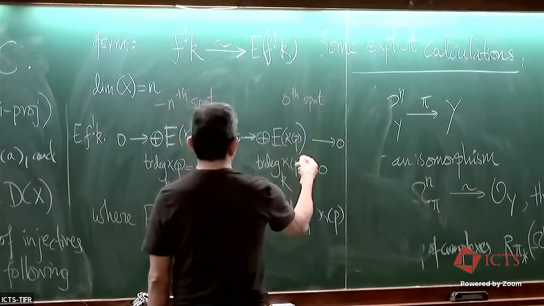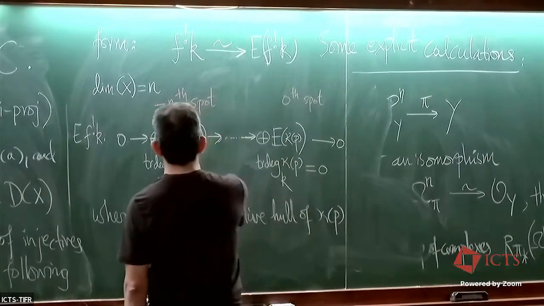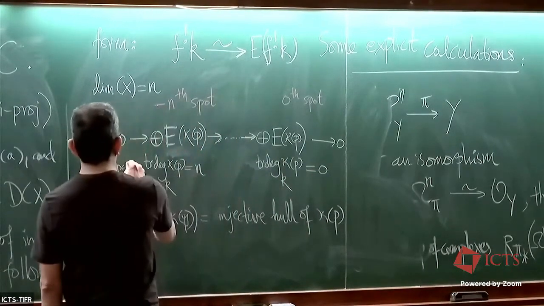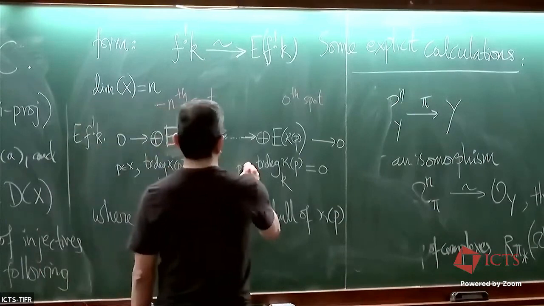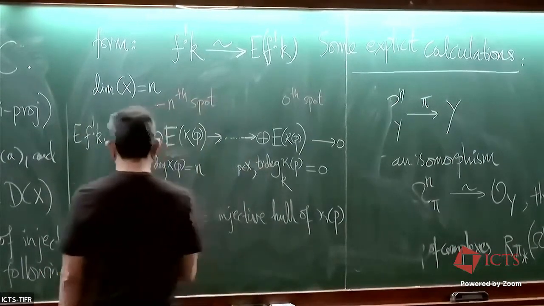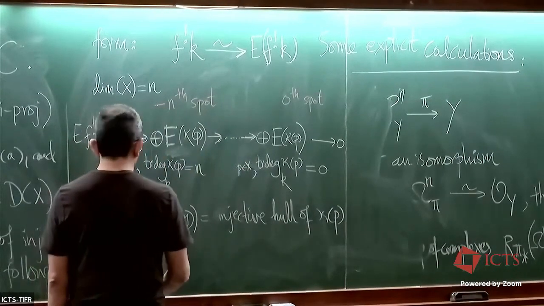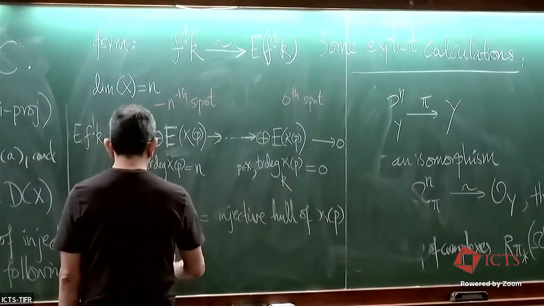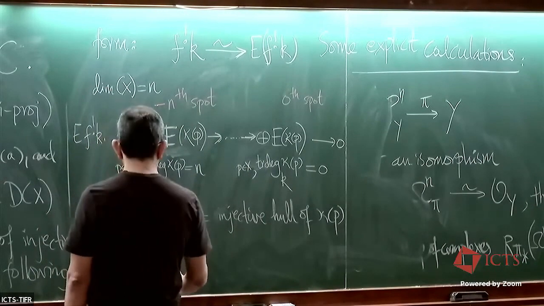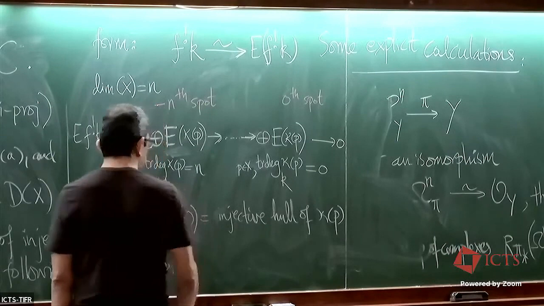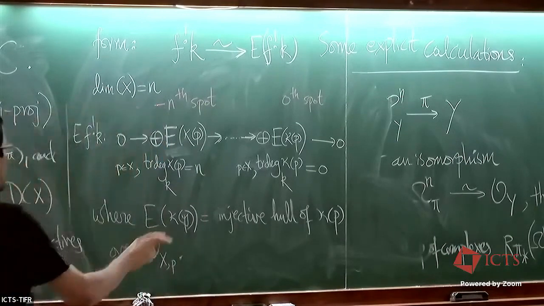Here, of course, P belongs to X, but over the local ring O_{X,P}. So it's various injective hulls.